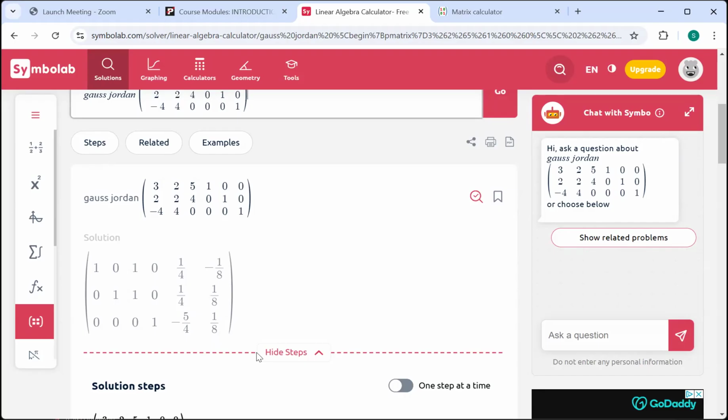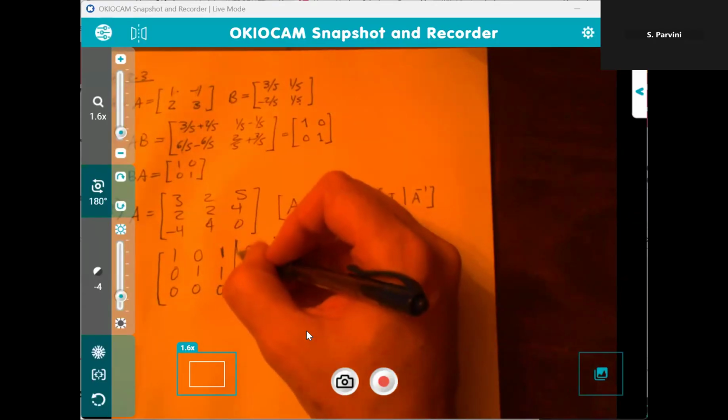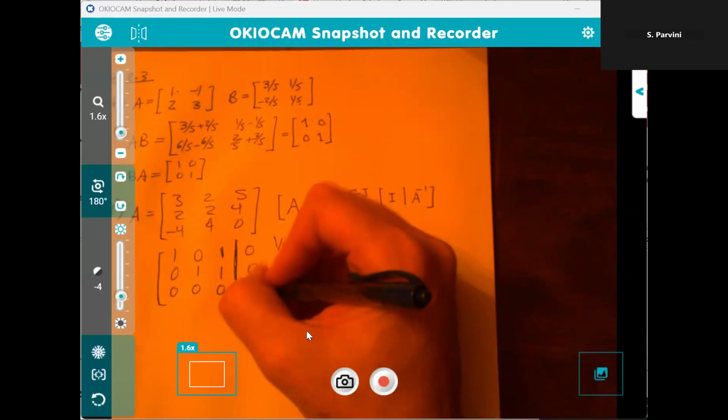Okay, now let me switch. Okay, so I just copied what I had. This is the new adjoint matrix.